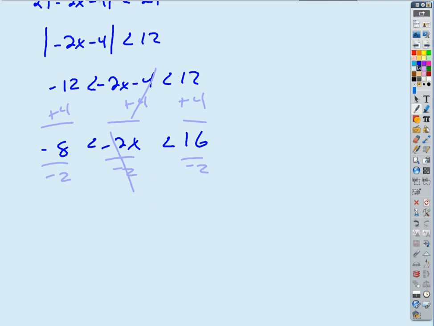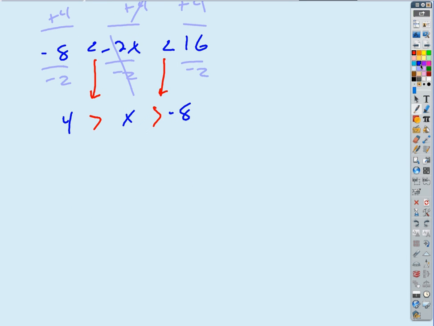So I get x, 4, negative 8. Flip everything, very good. Okay, turn it around, good. So x is greater than negative 8 and less than 4.